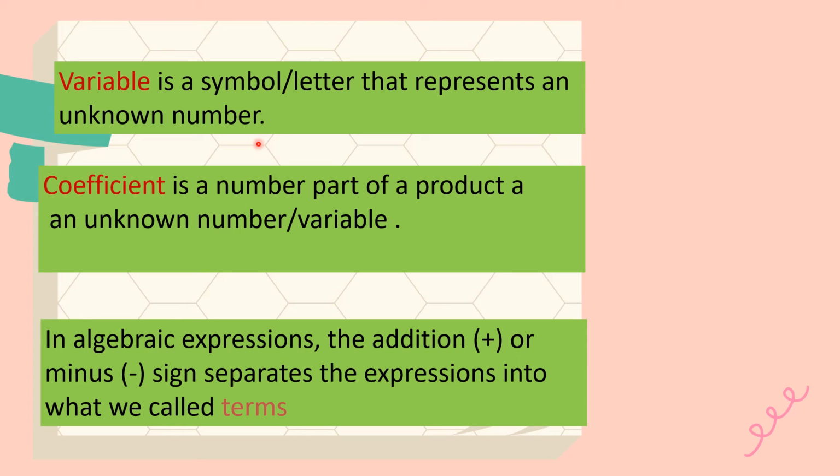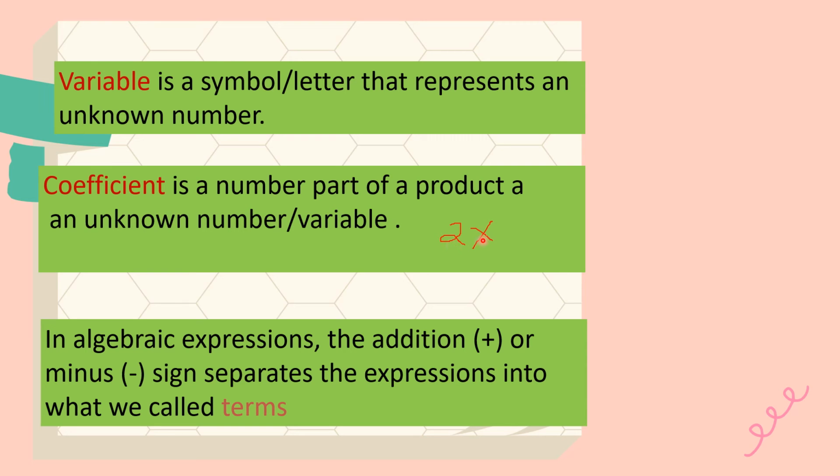So it means that the letter represents an unknown number. A coefficient is the number part of a product with an unknown number. So 2x means, so I have 2x. So this is now the coefficient, which is the number part of the product of the unknown and the number, right?